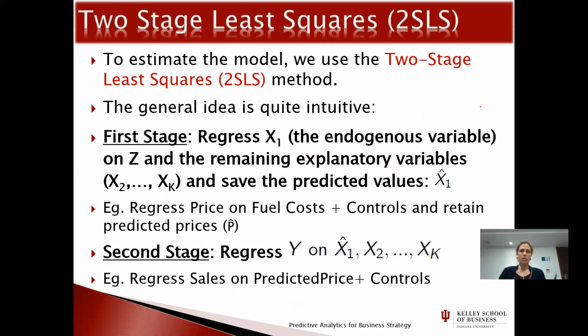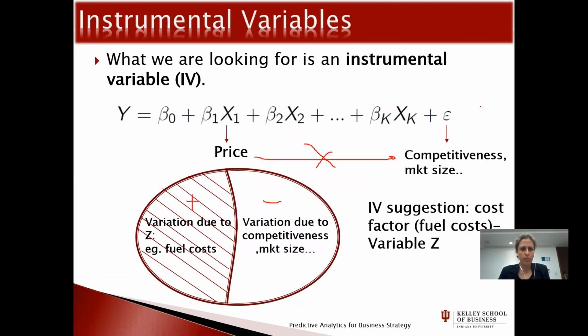So we're going to talk now about the two-stage least squares method. What is the two-stage? The idea is very intuitive. Professor, before you move on, I just want to go back to that first stage where you showed the diagram. In this diagram, the shaded portion is the correlation between price and fuel costs.